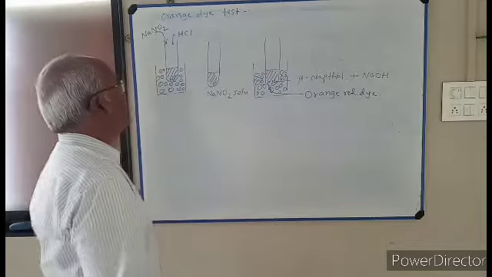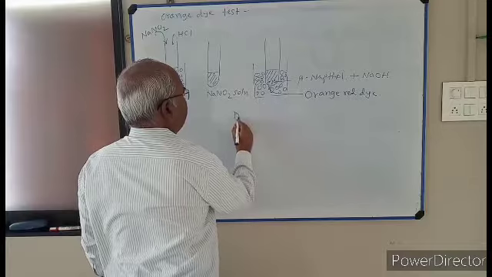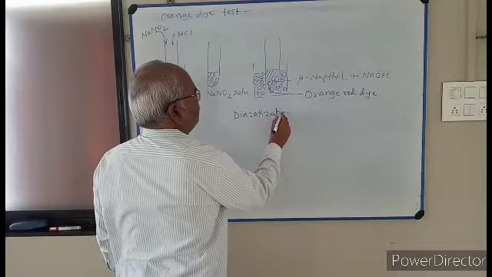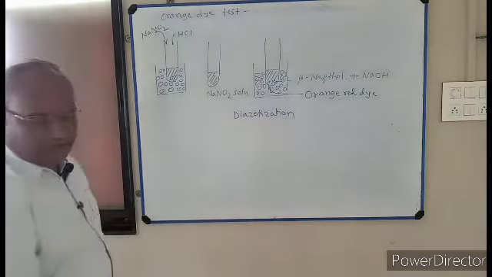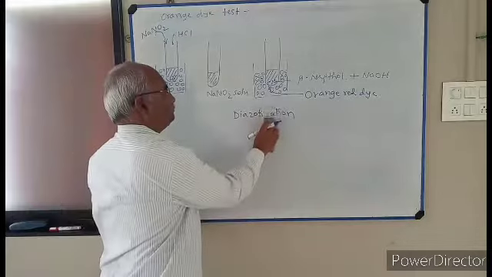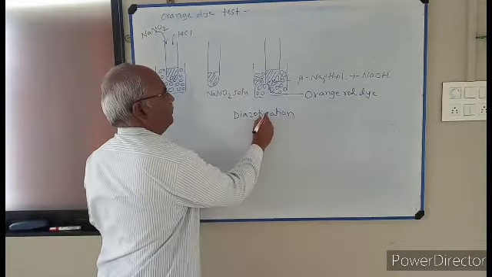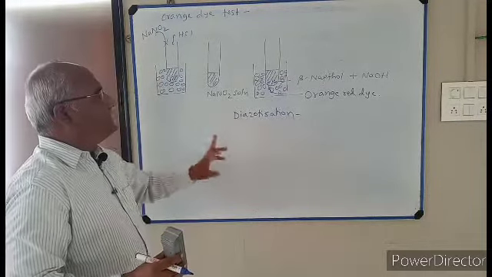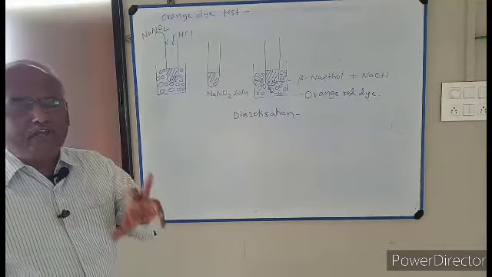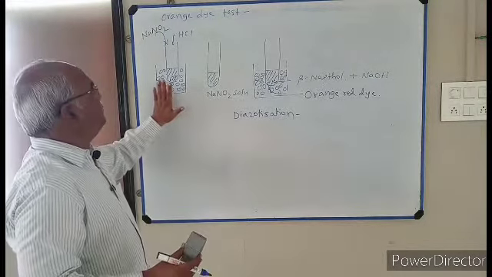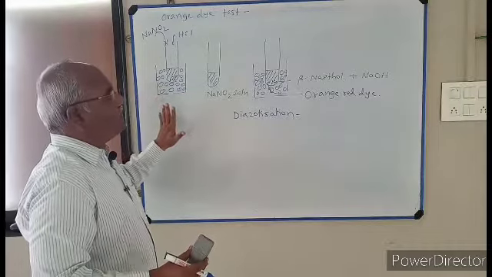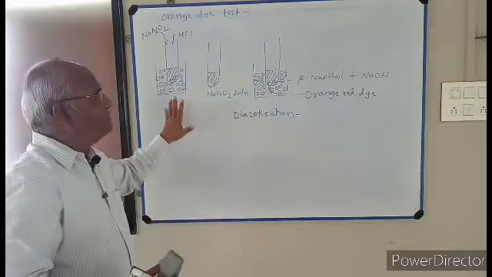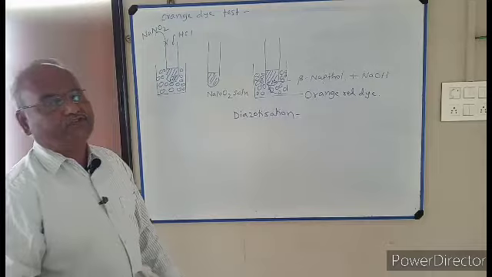This is permanent dye and the reaction is called diazotization. The reactions taking place in diazotization we are going to study in next video. So remember, this is one more test for the detection of primary amine, aromatic primary amine. Aromatic primary amines give this test.